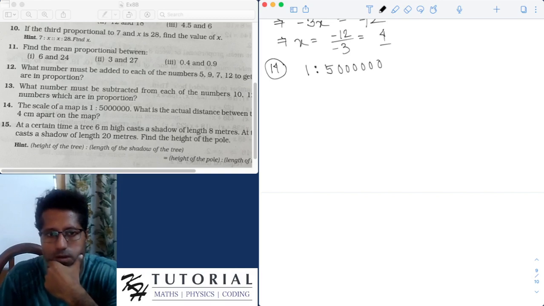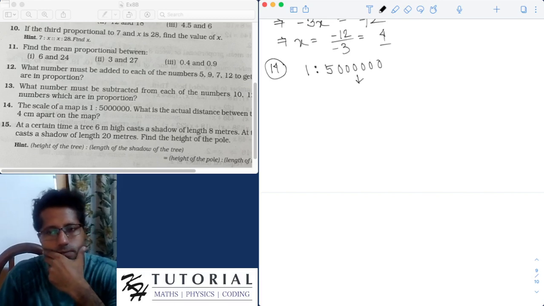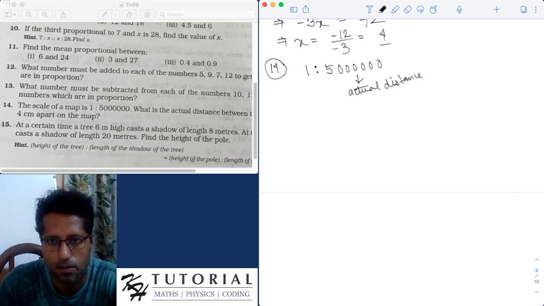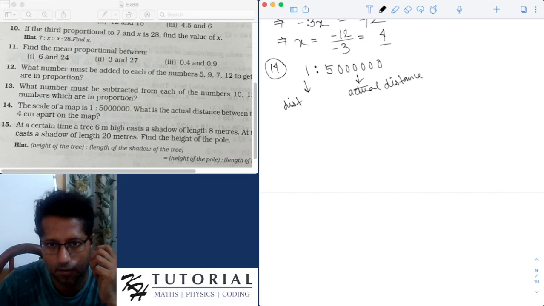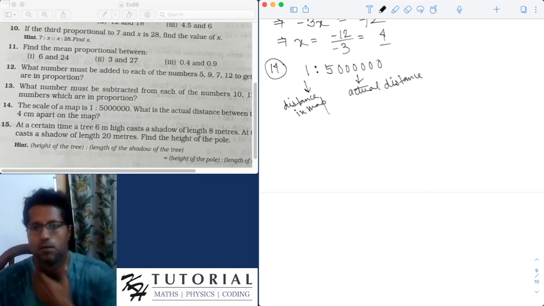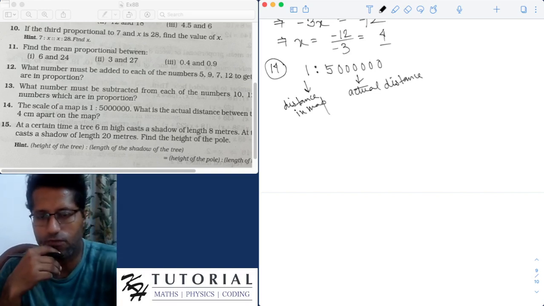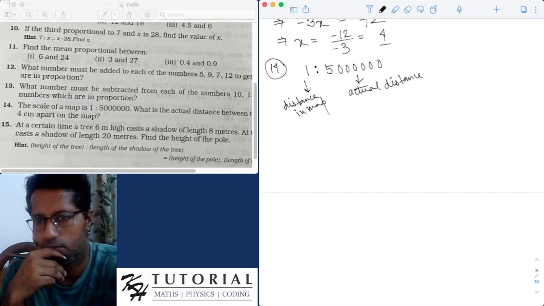A map is a small area, so this must be the actual distance, and this is the distance on the map. Anyway, this is what the scale of a map means: 1:2 a very big number.